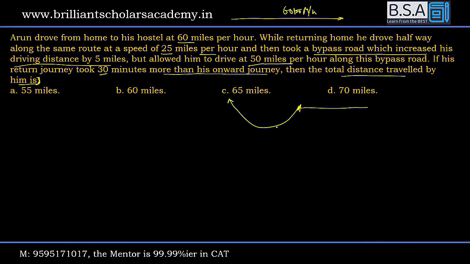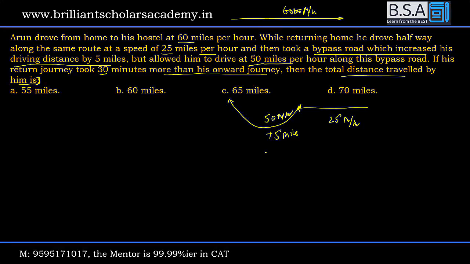So it is half of the distance you do not know. It is half of the journey plus 5 miles. Speeds are different: 60 miles per hour, 25 miles per hour, not kilometers, miles per hour, and 50 miles per hour.